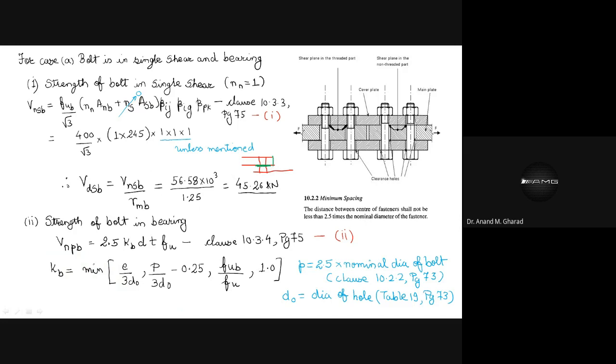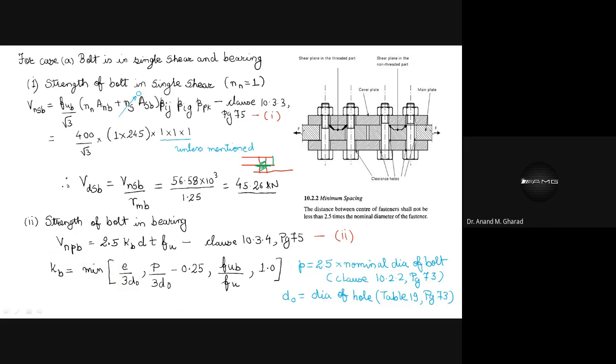Now, as per NN value, what it says is that if this plane intersects the threaded portion, then that value has to be considered, or then the NN value will come into picture. So we will be considering the threaded portion like this.